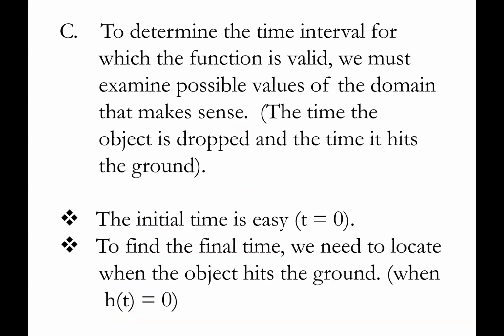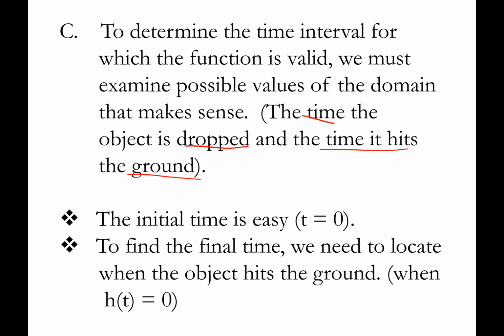Okay, now determine the time interval on which the function is valid. Obviously, if you drop it, we're not going to do negative time. We're not going to ride that train doing the Back to the Future stuff. And there's going to come a time where this object stops moving. So there is a starting time and an ending time. I'm looking mostly at the time when it's dropped and the time it hits the ground.